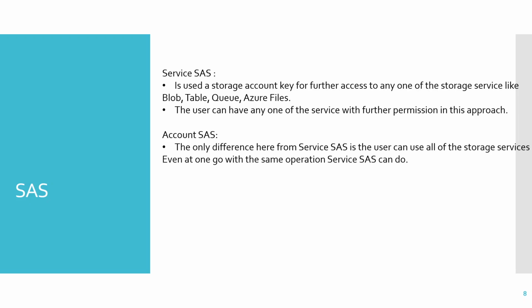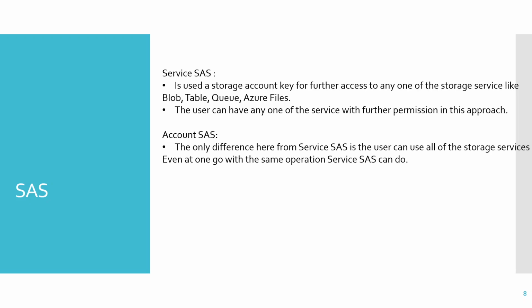Account SAS is similar to service SAS. The only difference is account SAS gives you an opportunity to connect to different Azure storage flavors at one go, or simultaneously. For example, you can connect to blob, table, queue, and Azure Files at one go, which is not possible in service SAS. So this is the only difference between service SAS and account SAS.